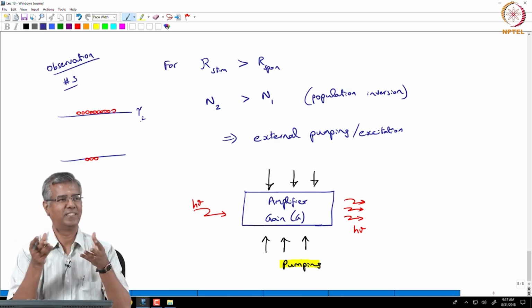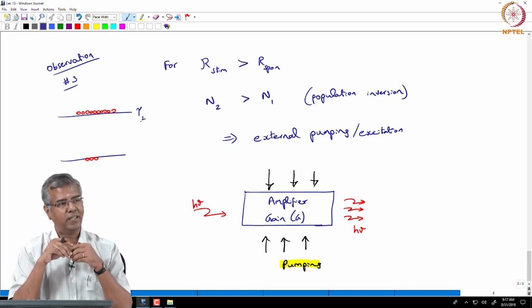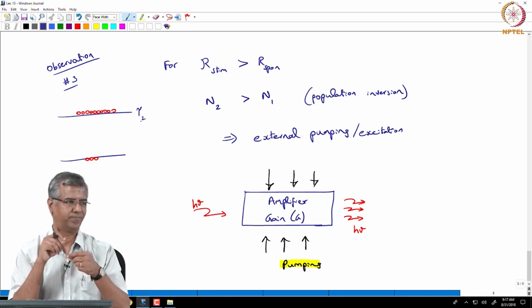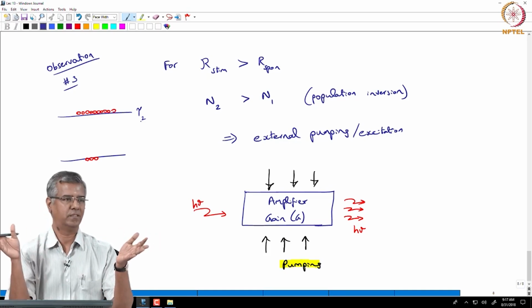So, it just jumps and then it spontaneously emits a photon, and that photon is not in phase with the photon that is coming in, right. So, that is having some arbitrary phase.